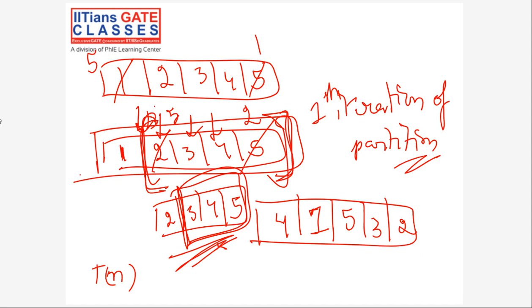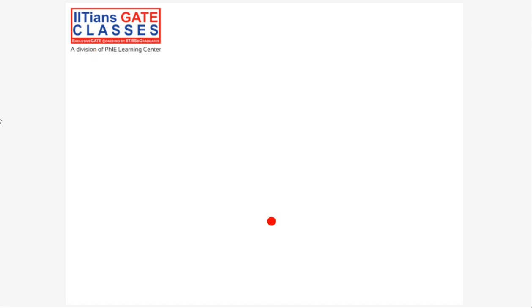The swaps are optimized, I understand that, but the comparisons are not. So this last pivot element will be compared with each and every one, and that is where your number of comparisons increases. All right, let's take up 4, 1, 5, 3, 2.